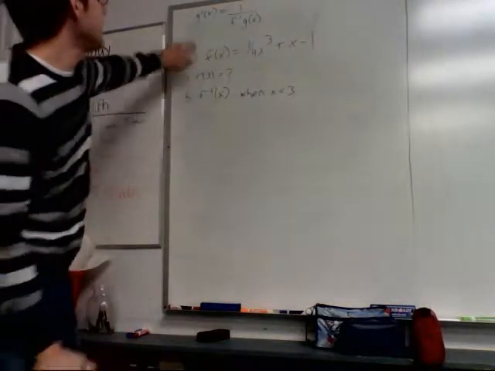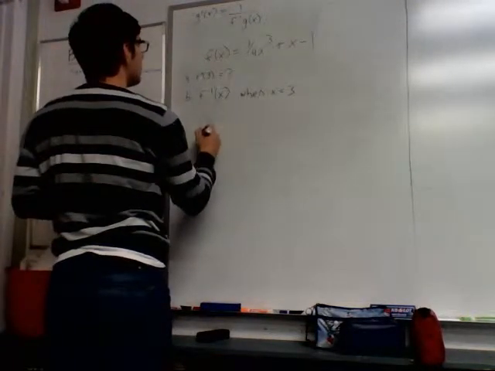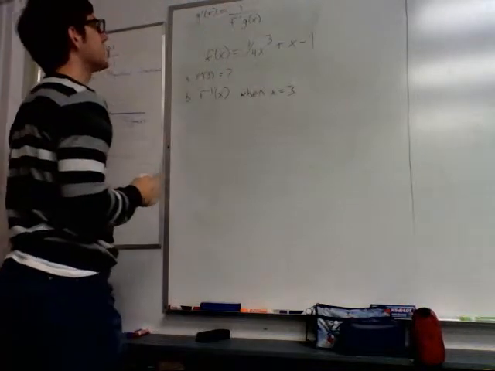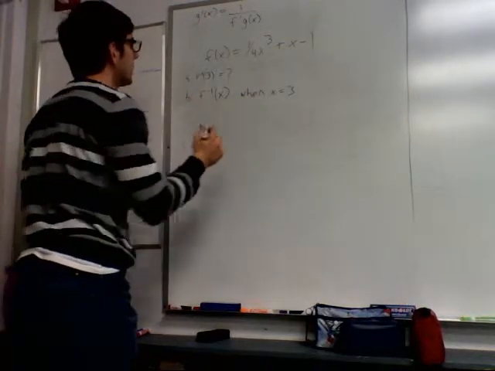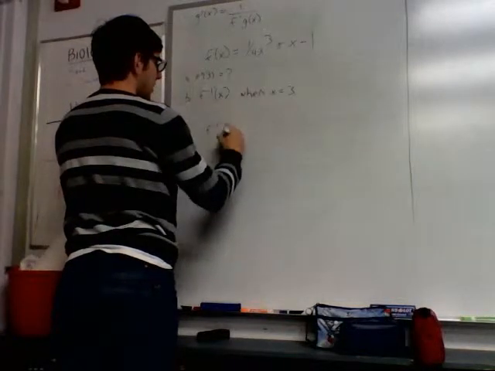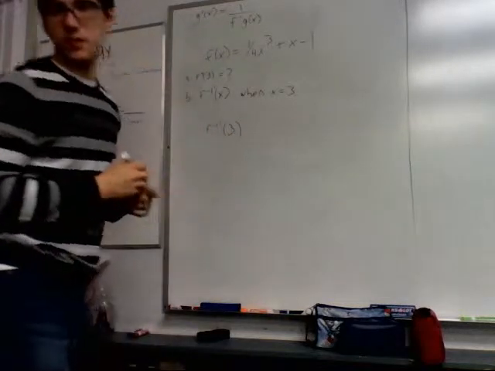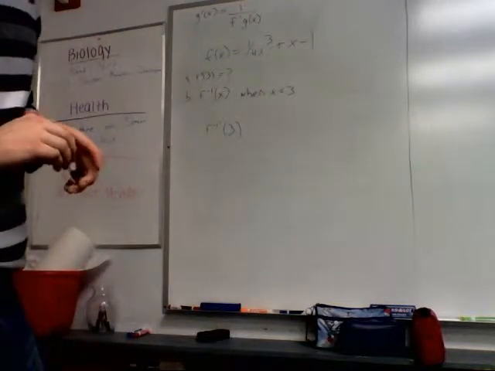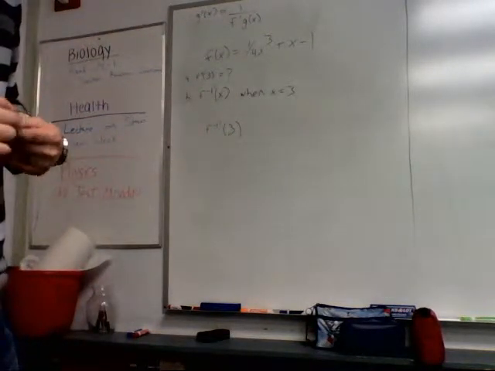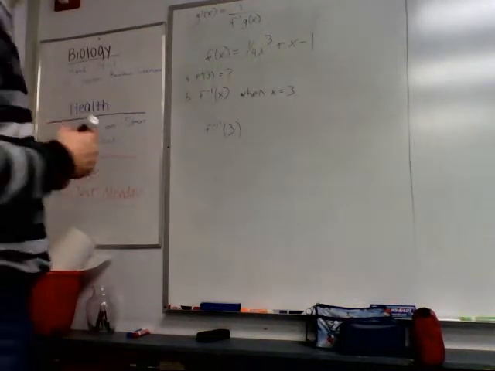We need to evaluate this equation. Okay, where g is the inverse of f. Okay, so f inverse prime of 3 is going to be equal to prime f inverse of 3.